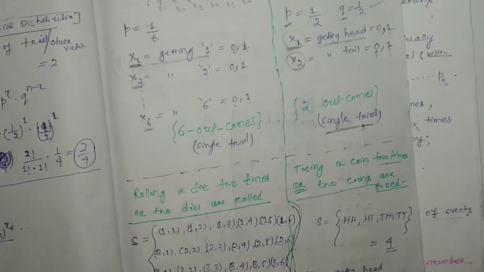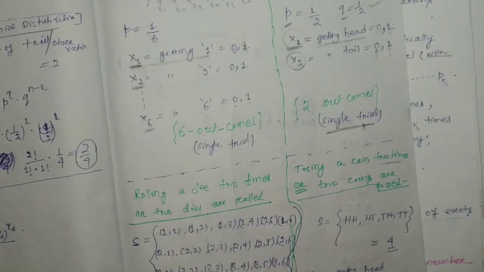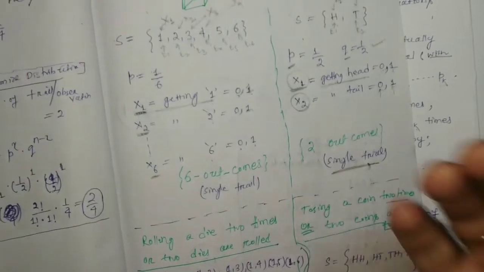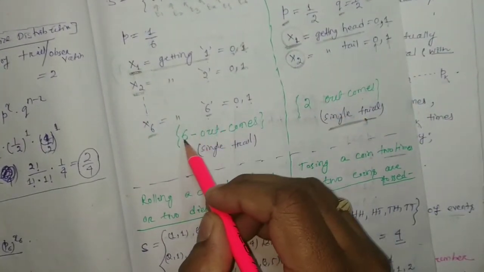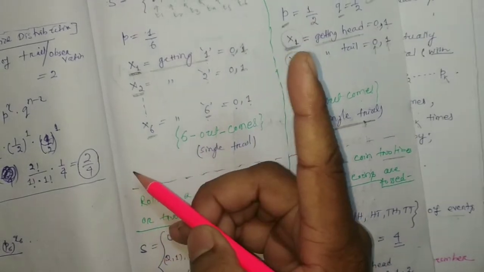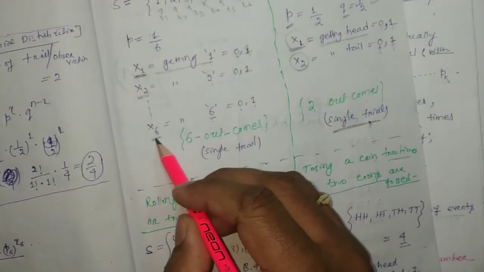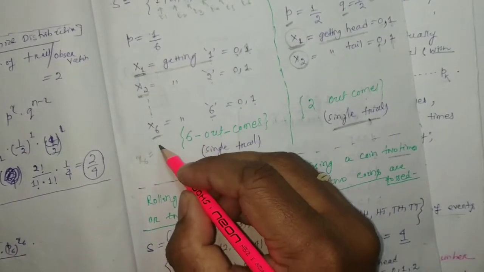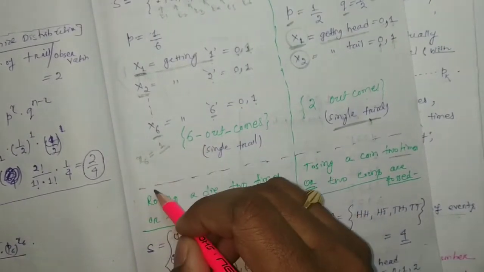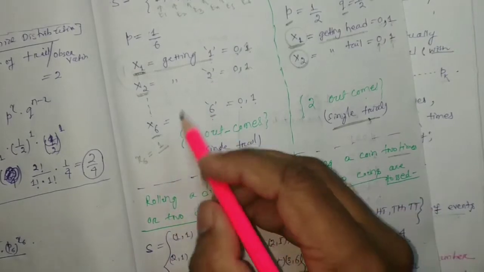So here, if I am going to ask what will be the probability of getting 6, that means I consider small x6 as 1, divided by the total number of outcomes which is 6, so 1 by 6.